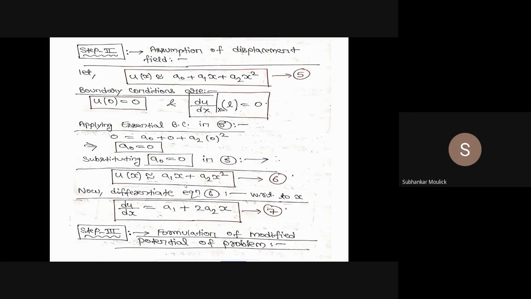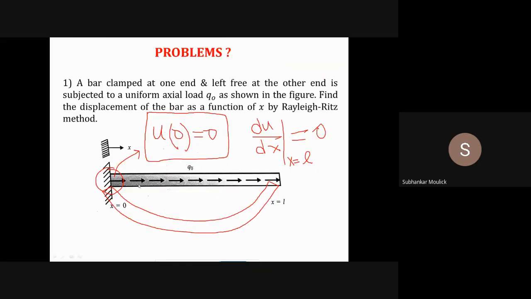Second, you will partially differentiate the potential function pi with respect to a2, that is del pi by del a2 equal to 0. With these two equations, you will get two equations in terms of a1 and a2. You find out the values of a1 and a2, then substitute them in equation number 6, which is my assumed displacement field. You will get the approximate solution of this problem by the Rayleigh-Ritz method.